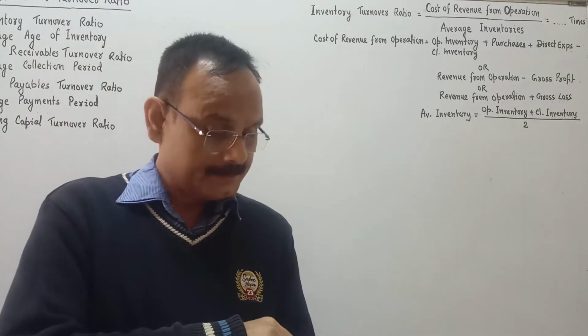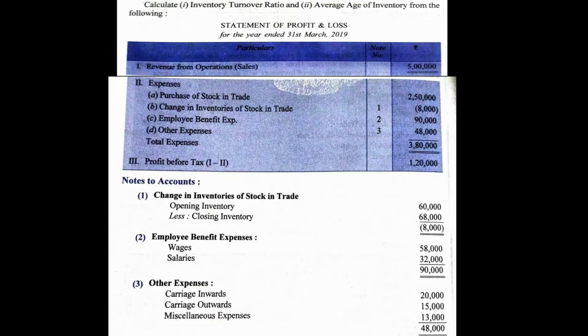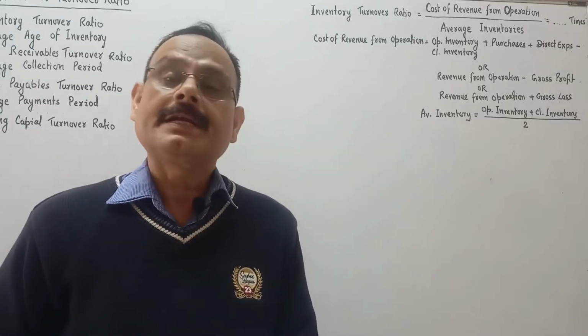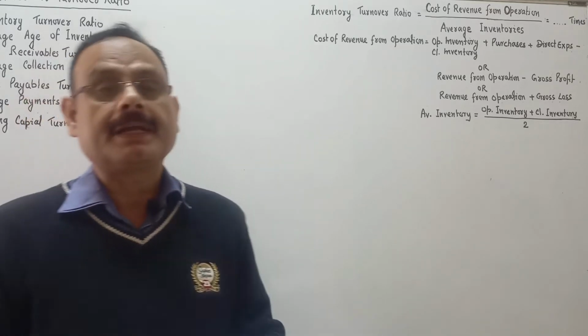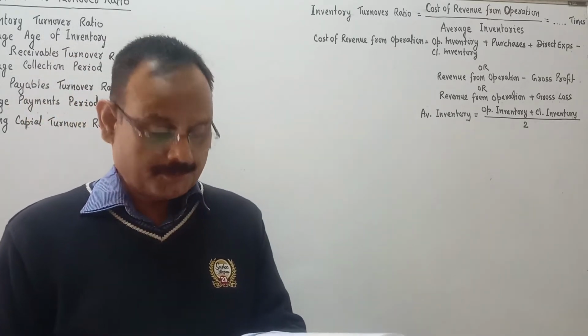The question is: calculate inventory turnover ratio and average age of inventory from the following.